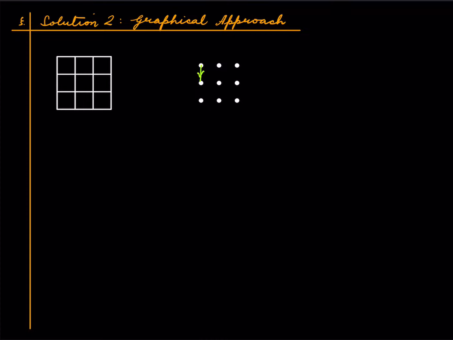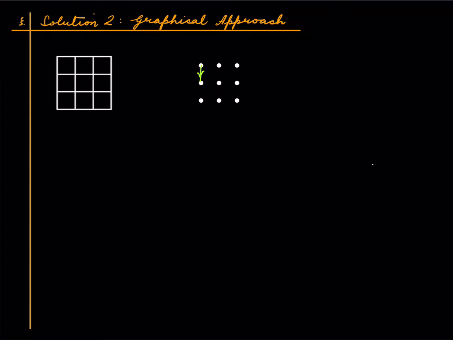So this arrow will record what happened to this flea: it jumped to this square. Okay, and similarly we'll have an arrow, because no flea stays on the same square. It is given that it has to jump to an adjacent square, so there is an arrow coming out also, and then there is an arrow coming out, and so on.